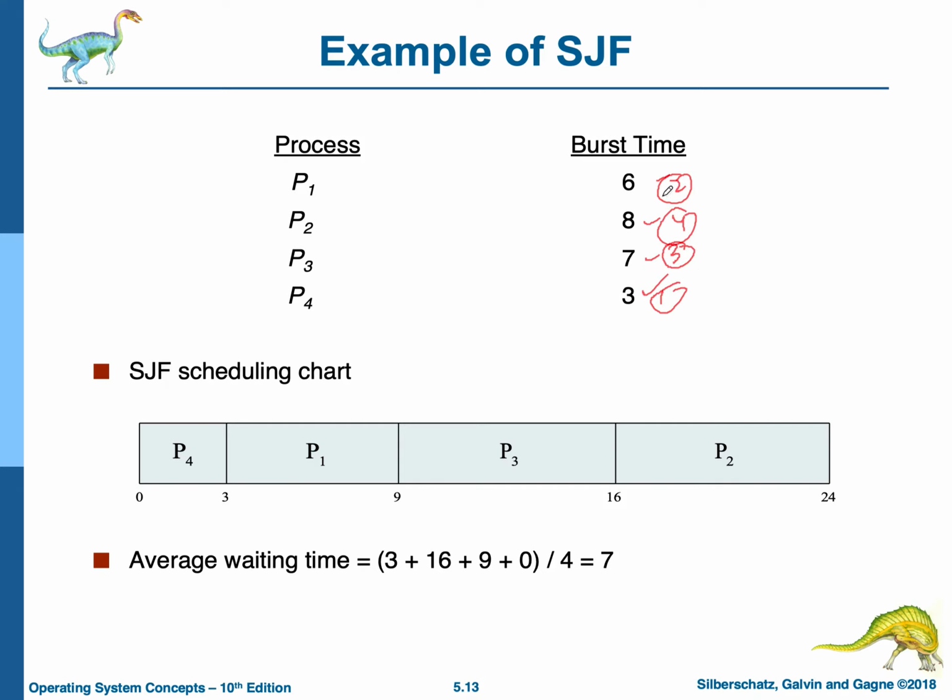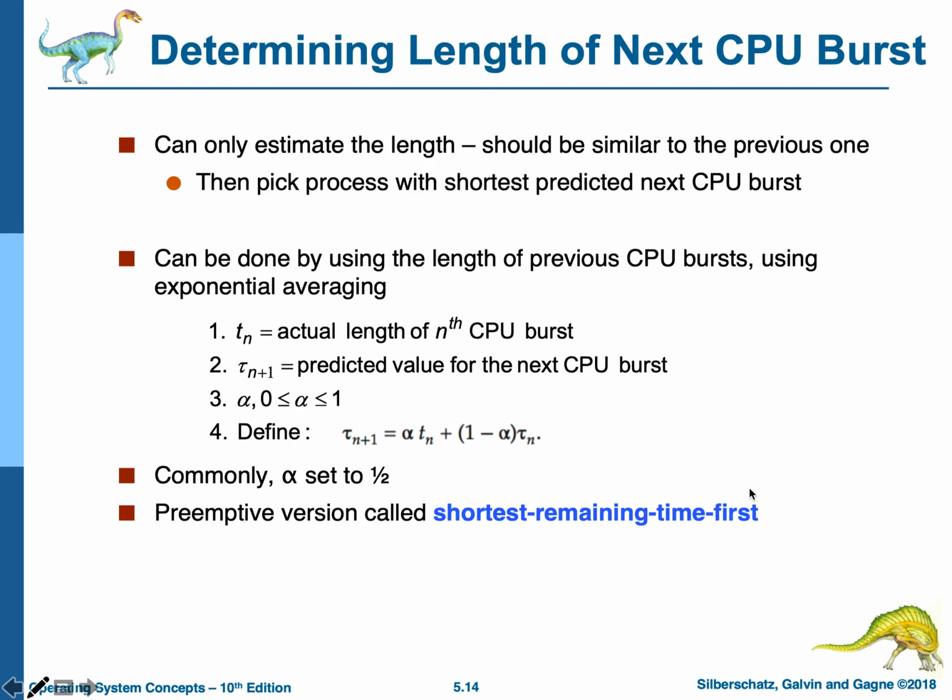So with the length of the burst time, we decide which job will go first, and if we calculate, then for these jobs the average wait time is 7.